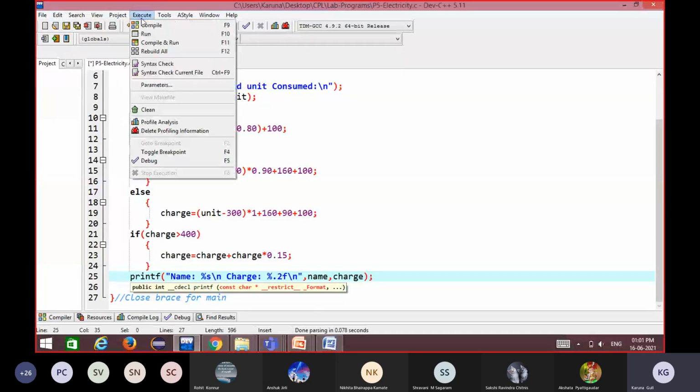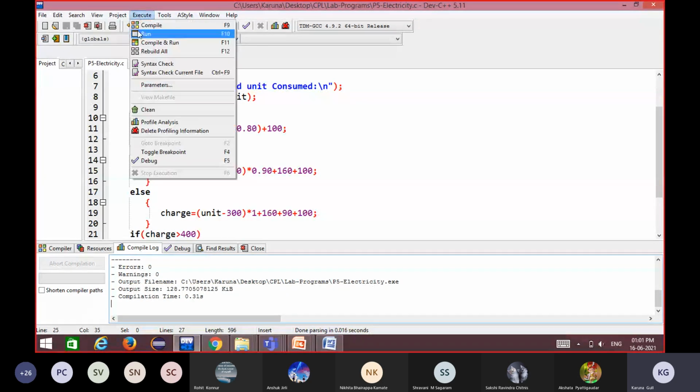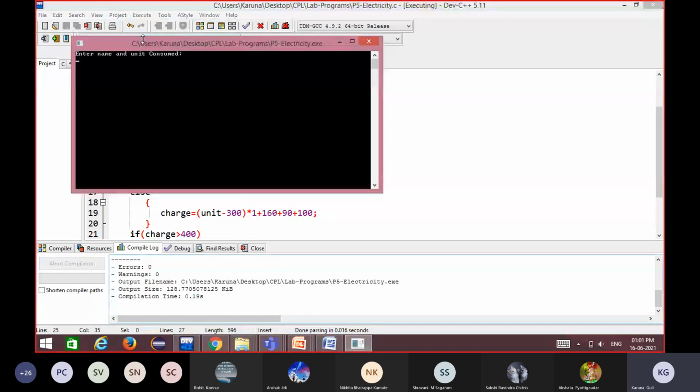You already know why I'm writing that. So I'll compile and run this. It is asking me to enter the name. Give any name. Let me write my name itself, Karuna. Then the units consumed.